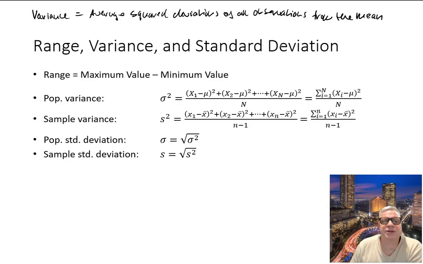So the variance is the average squared deviation of all observations from the mean. And for the population variance, we typically write sigma squared.